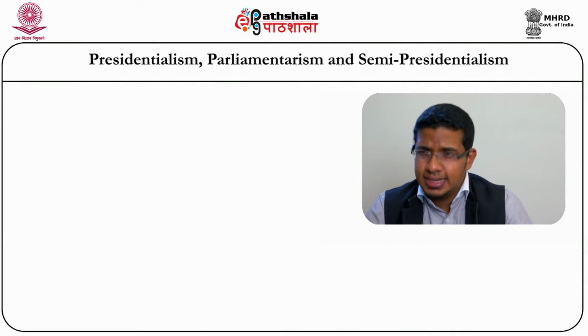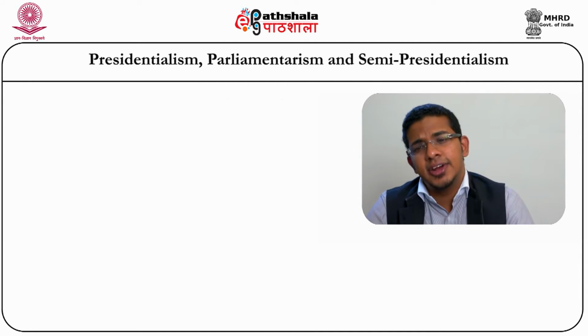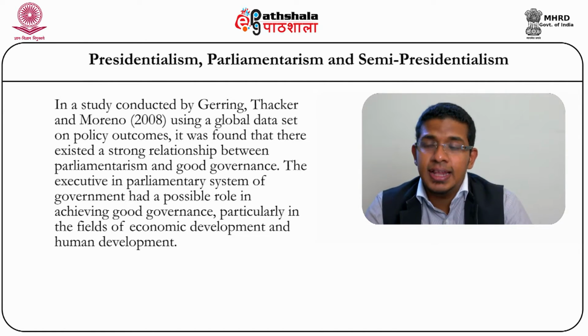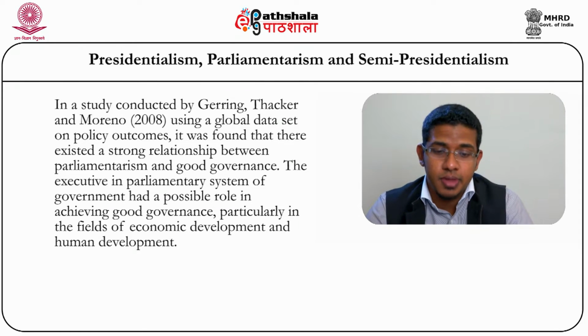Let's look at some of the large-scale studies that have been done. Gerring, Thacker, and Moreno, using a global database, found that there's a strong relationship between parliamentarism and good governance. The reason they come to that conclusion is that they feel that there is a better coordination mechanism in the parliamentary system, whereas that does not exist in the presidential system.